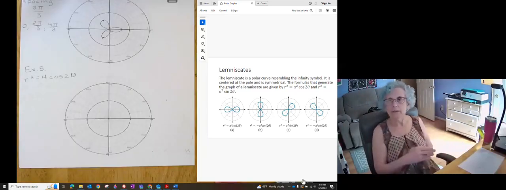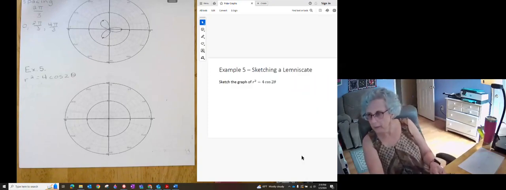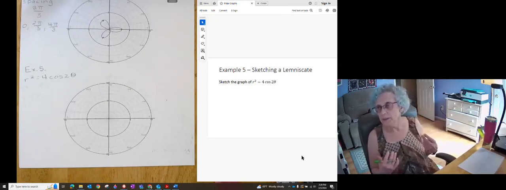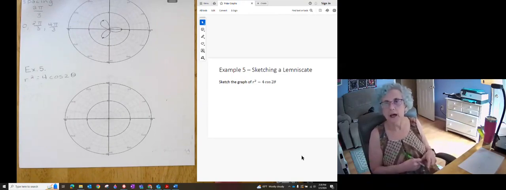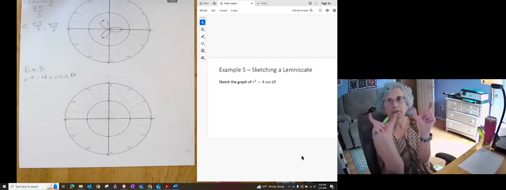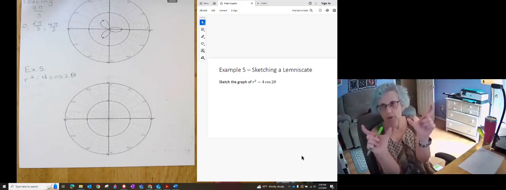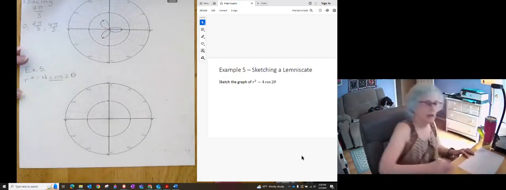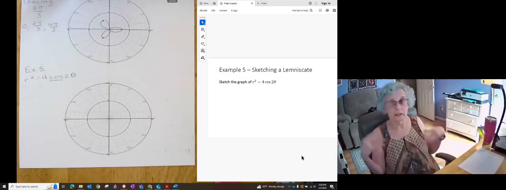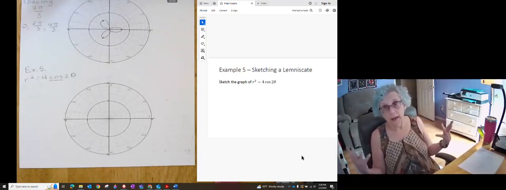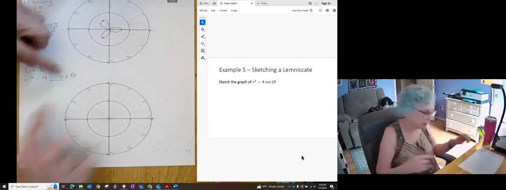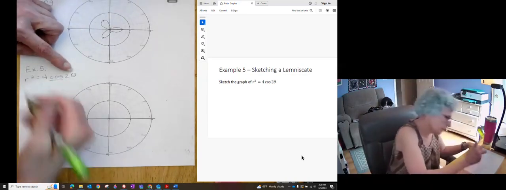So when I'm graphing a lemniscate, let me go ahead and look at example 5. We have r squared is 4 cosine 2 theta. I like to look at where the ends of my infinity symbol are going to end up. So if it has cosine in it, I know that cosine is at its maximum at theta equals 0 or 2 pi. So I'm going to plug 0 in.